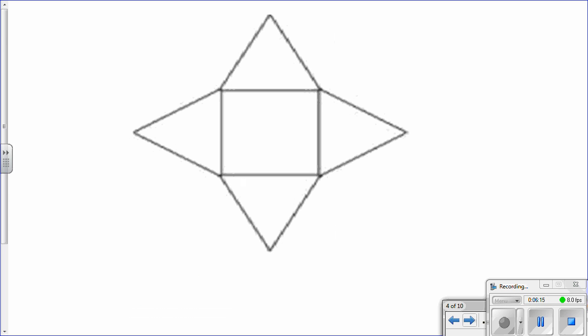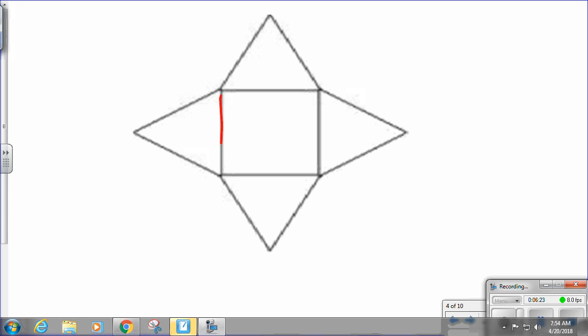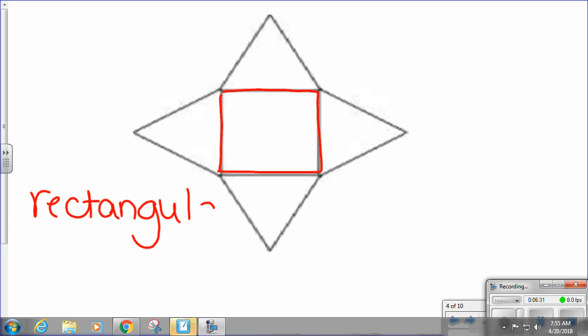Next one. Okay, so yeah, it's a rectangular, even though that does look like it's a square. Is it going to fold up into a point? Yes. Okay, so it is a pyramid.